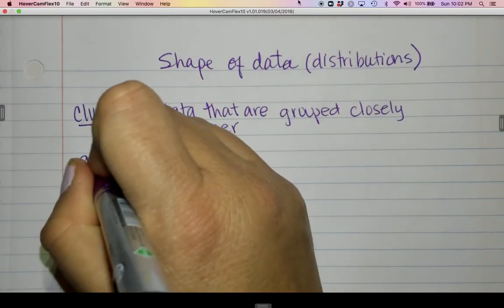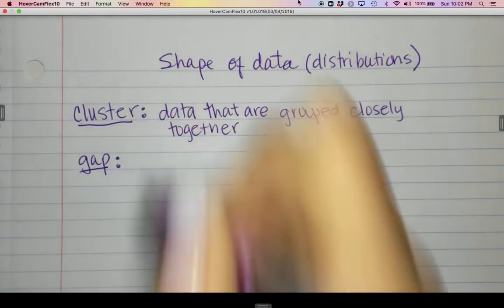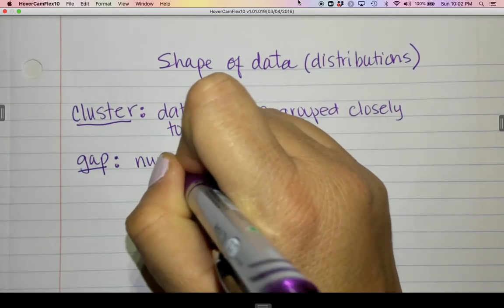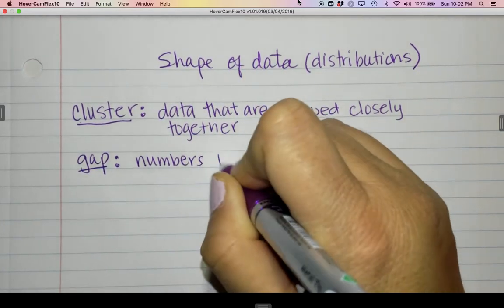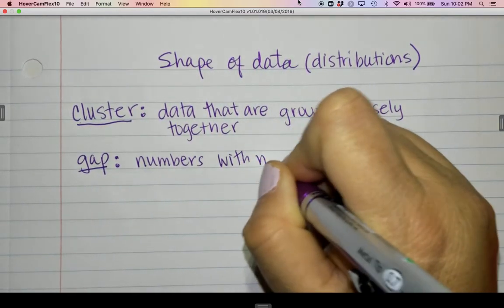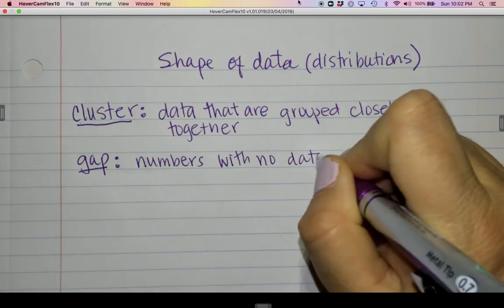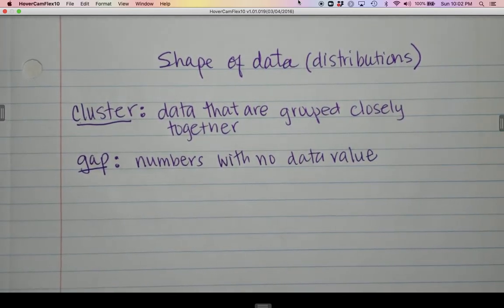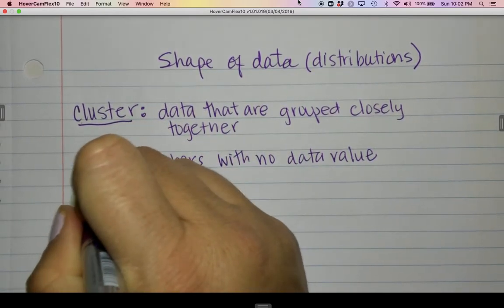A gap are numbers with no data value. I'm going to show you an example of most of these.